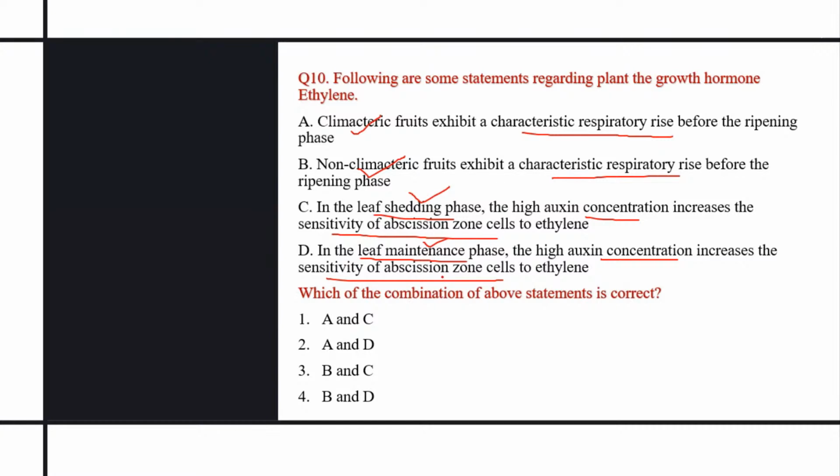Ethylene and auxin only will come in the abscission zone. Nagashri has also given option 1 as the answer. What about others? Maria also opted for 1. Sarita, do you have an answer for this question?